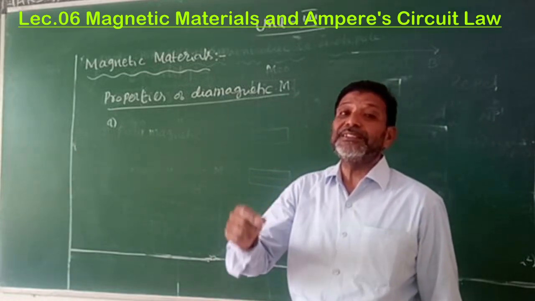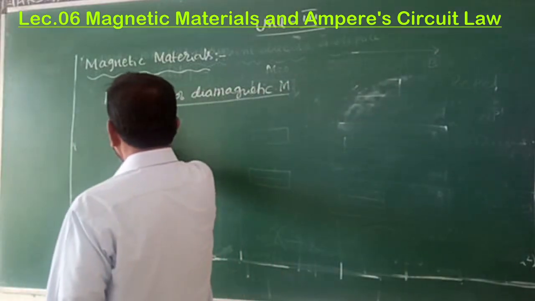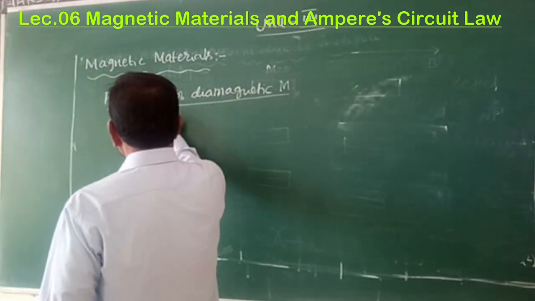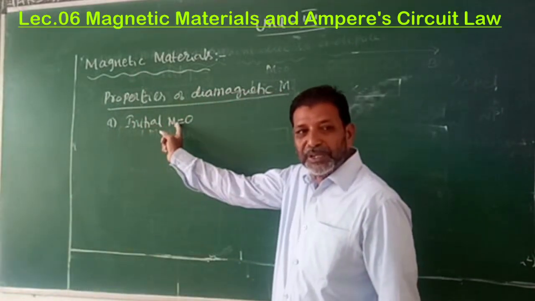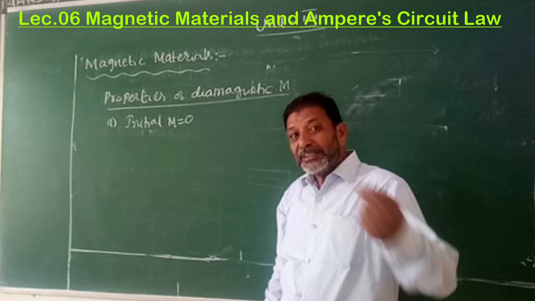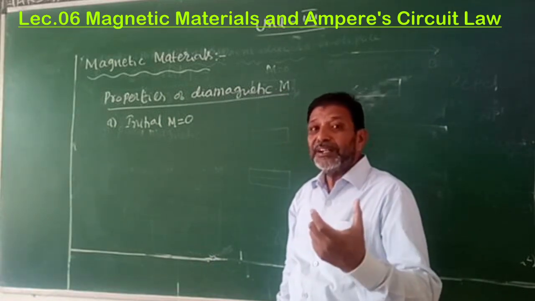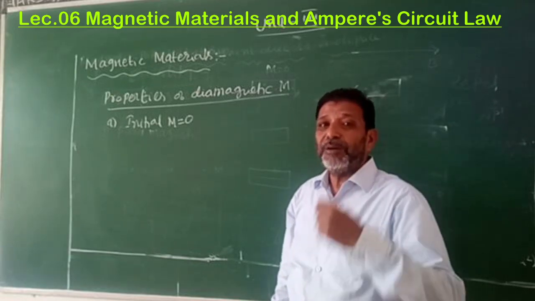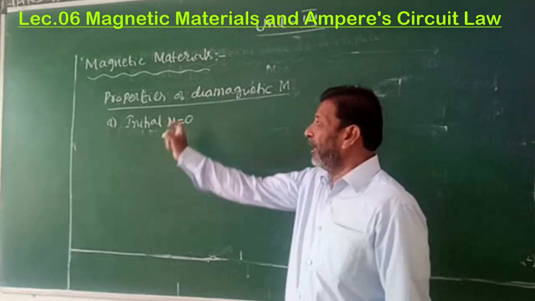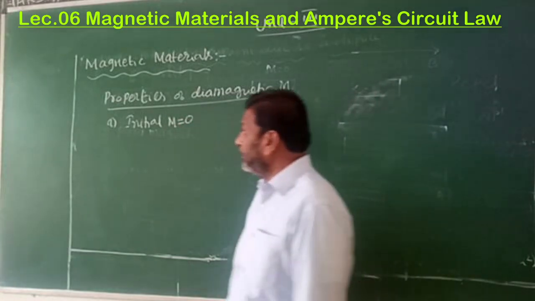Hence, diamagnetic material gets repelled. This is the first property.